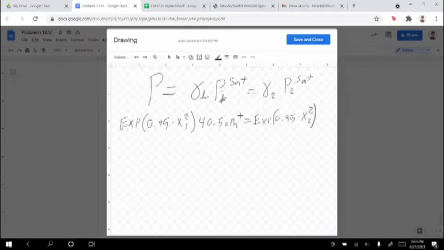And then our P1 sat is going to be 79.8.